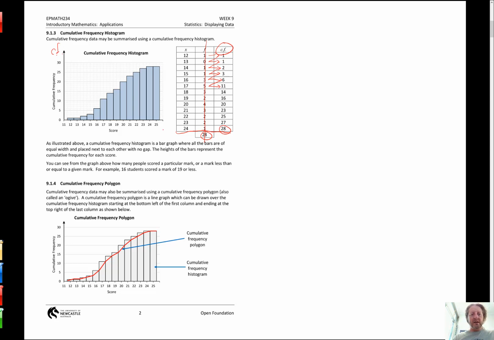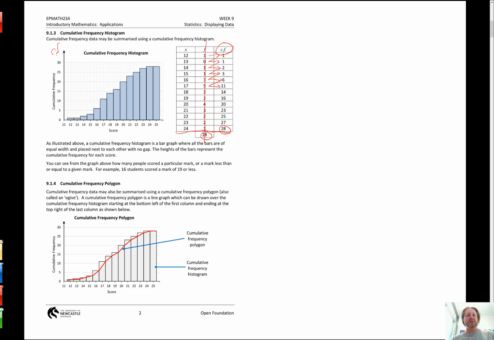So my x-axis is still from 12 up to 24, but I've just done the 1, and then the 1, and then the 2, and the 3, and the 6, and so on. And I can put all my dots there to construct it. And then I create my histogram, which is the boxes or the columns exactly like I did before.